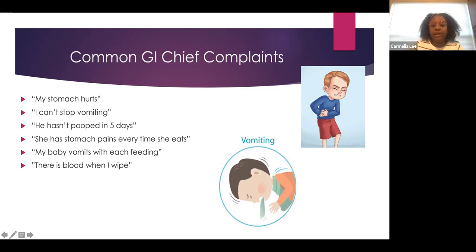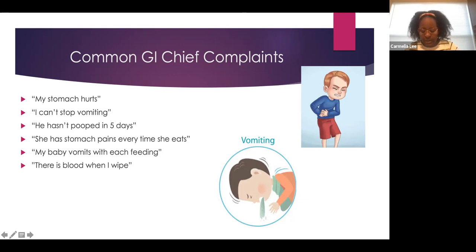She has stomach pains every time she eats. Again, what kind of stomach pains? A kid may not be able to describe pain versus bloating versus cramping. So just getting a little bit more descriptive may be necessary when you get that kind of complaint.